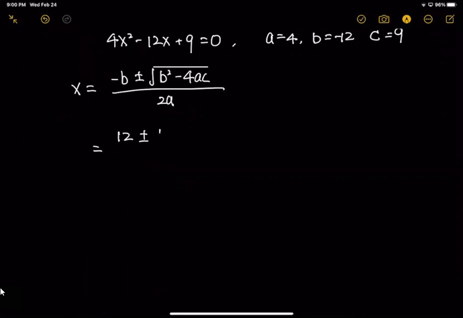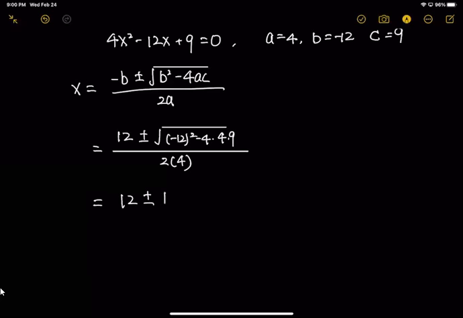Positive and minus the square root of negative 12 squared minus 4 times 4 times c, which is 9, over 2 times 4. So I have 12 positive and negative square root of 144 minus 144, over 8.